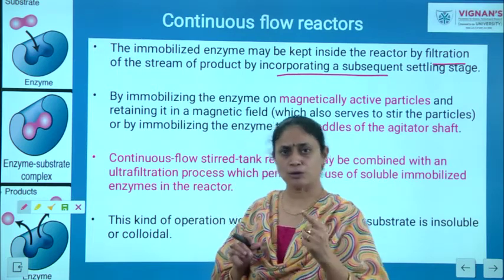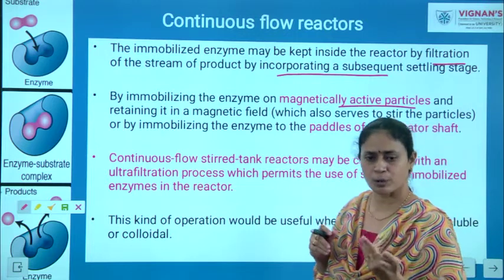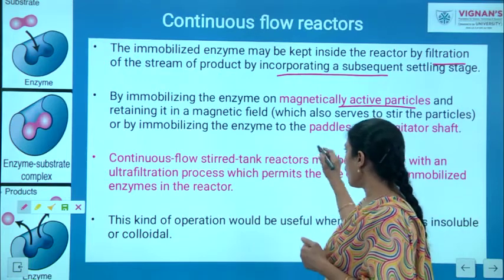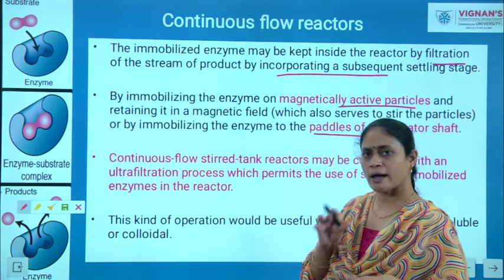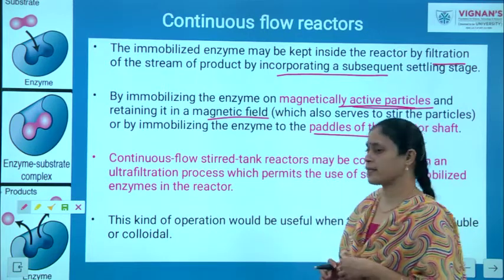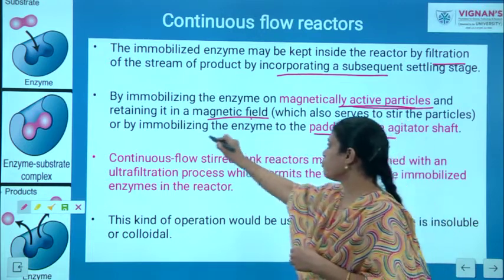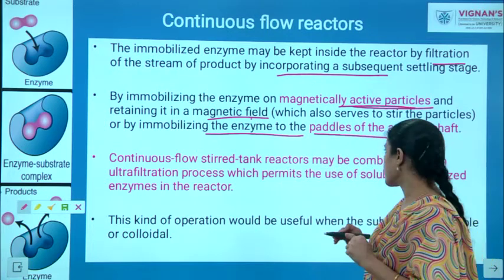You can either use magnetically active particles onto which you can immobilize your enzyme. Otherwise, you can also immobilize your enzyme on the paddles of your agitator. So, you can immobilize your enzyme on the magnetically active particles and retain it in the magnetic field, as well as immobilize your enzyme on the paddles of the agitator.